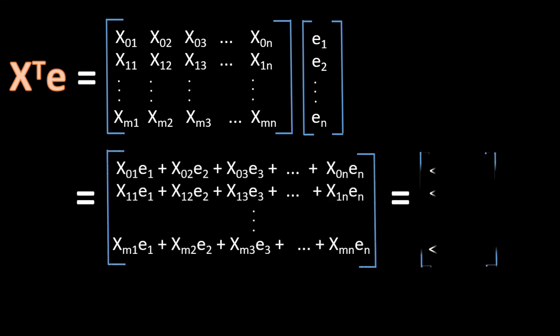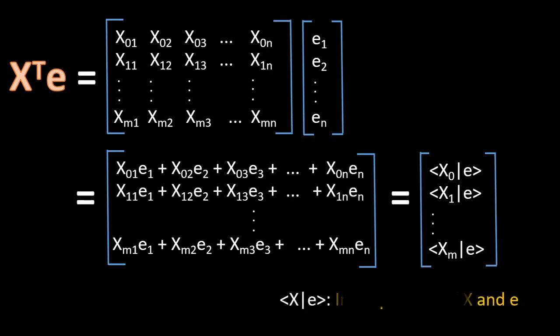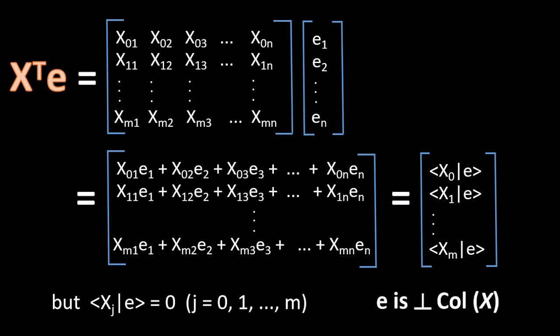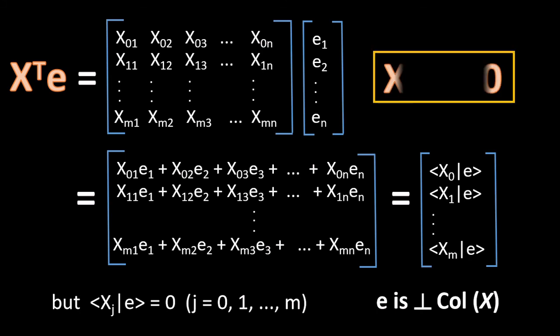Here, the X and e inside these brackets represent the inner product of X and e. And here comes the main part. The inner product between any vector xj and e is equal to 0. Why? Simply because remember that our e vector was perpendicular to the column space of X, and the inner product of two perpendicular vectors is 0. Therefore, we get X transpose e equal to 0.